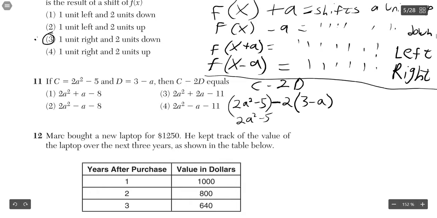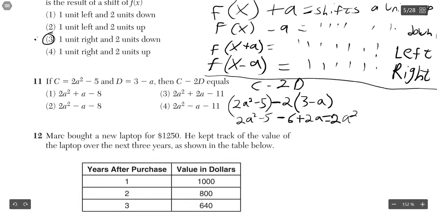Then you distribute this -2 through here. So -2 times 3 is -6, minus 2 times negative a is, right, negative times negative is positive, plus 2a. So now we combine like terms. We have 2a squared, there are no other a squared terms.